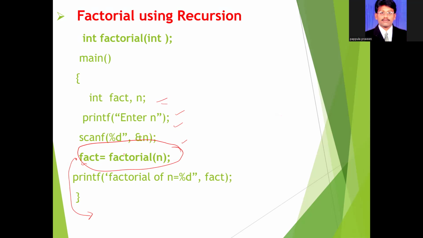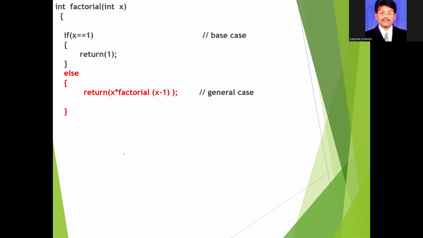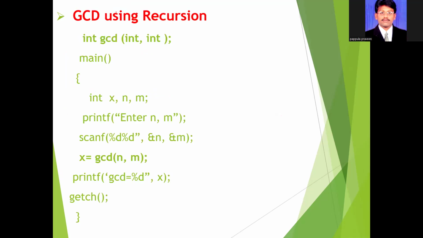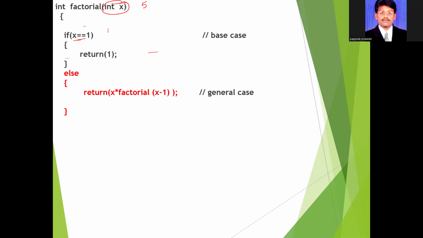Clear? I want to show the program also. Now see this one, int factorial. What is the x value of the previous variable? 5. Yes, n value equal to 5. Now go to this one: x equal to 1 or x equal to 0, then you can return.